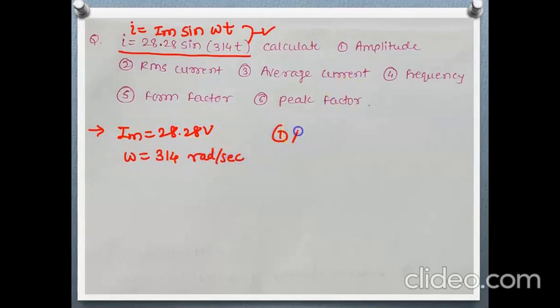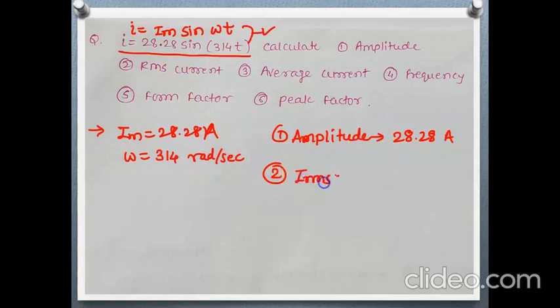Now let's calculate. First is amplitude. We have already discussed in the previous session that the amplitude is nothing but the maximum value or peak value of the AC quantity, and here the peak value is 28.28, so this will be the answer, and this is current, so ampere. This is the answer for the first part. Second is RMS current.